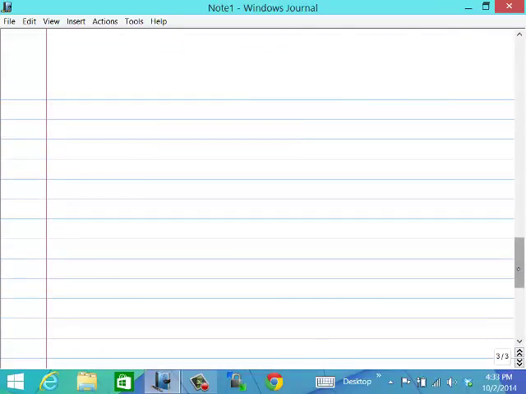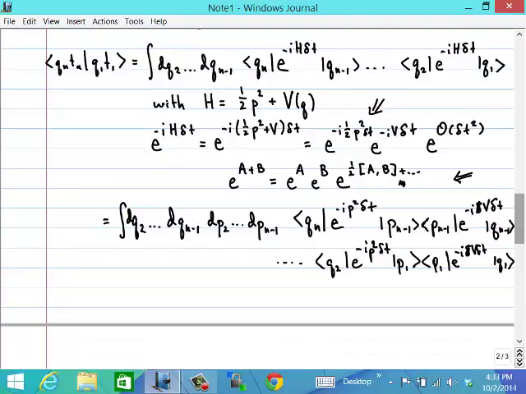Okay, so all I've done here is I've just used the fact that when delta t is small, I can approximately factorize those terms in the Hamiltonian. And then I can insert a complete basis of momentum states right here, which allows me to just use the fact that here I have a p squared acting on a momentum eigenstate, and here I have a v, which is a function of q, acting on a position eigenstate. So I can just compute exactly what these matrix elements are.